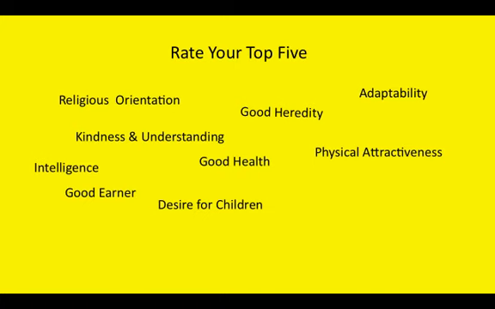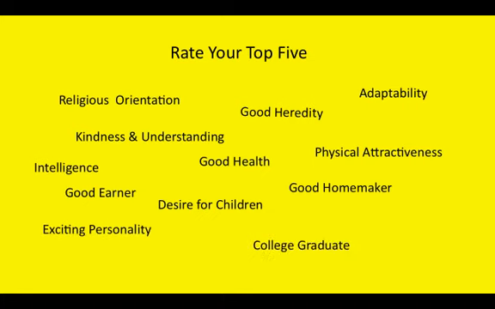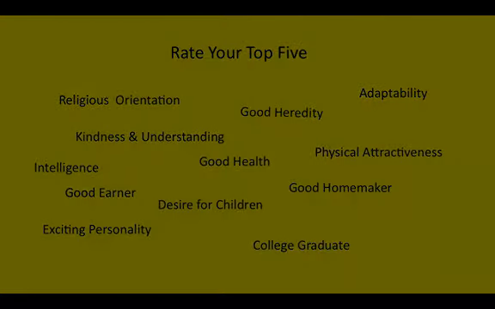How about sharing a desire for children? Would you like a good homemaker? Do you want somebody with an exciting personality? How about a college graduate? All of these are potential characteristics you might look for in a mate, but which ones would float to the top? In fact, there have been a number of surveys that have asked these and very similar questions, and we'll look at those next.